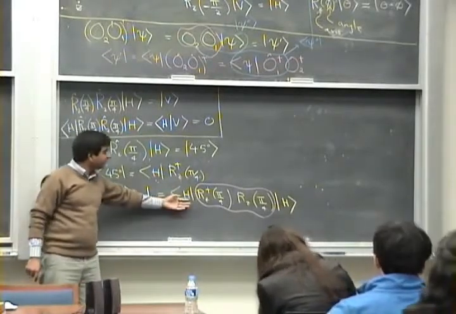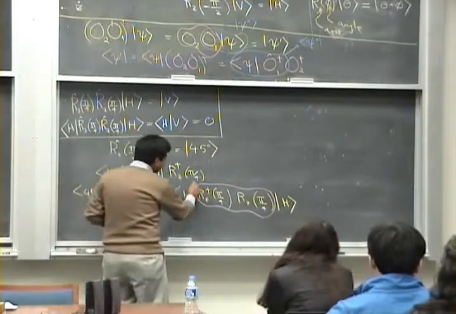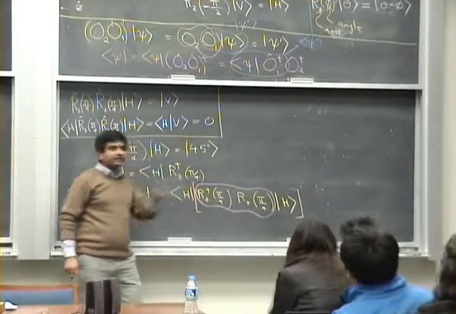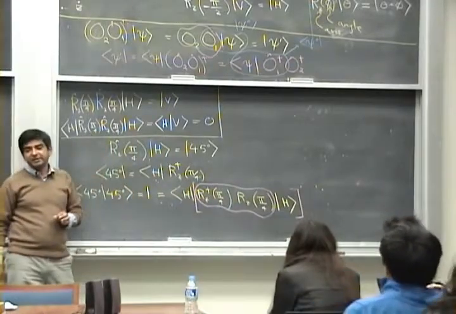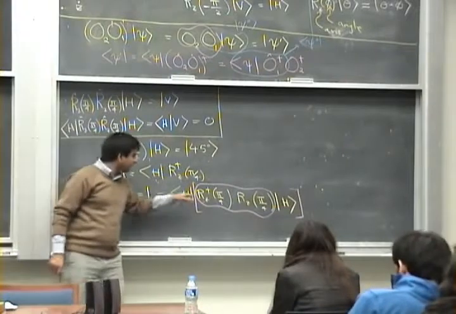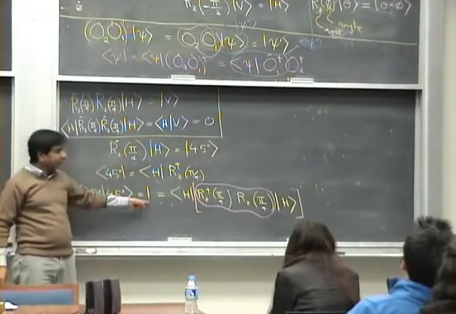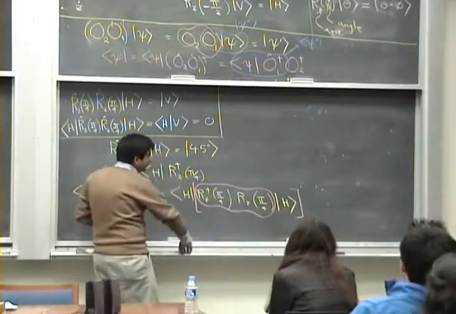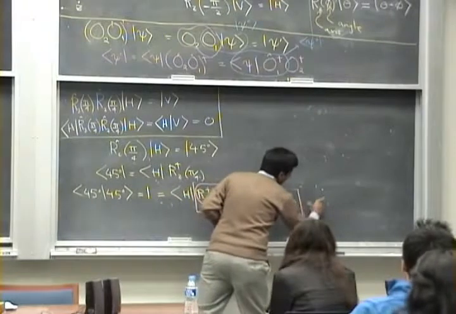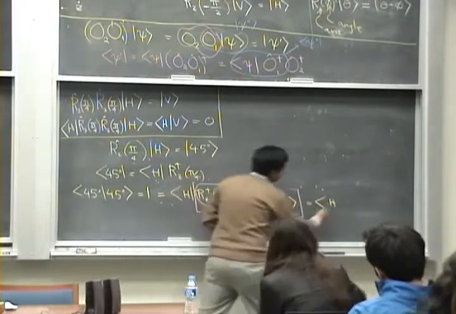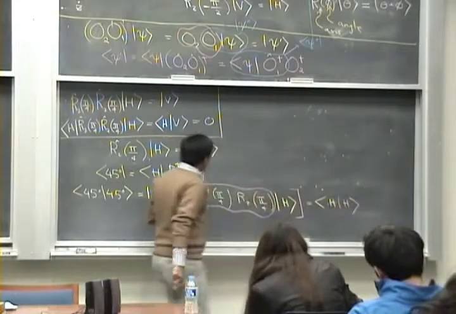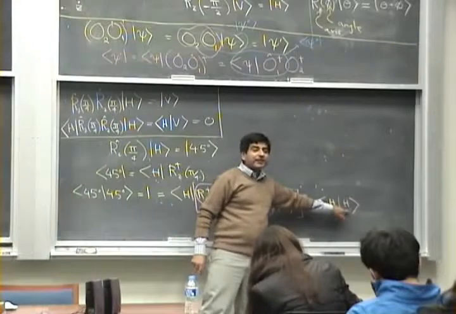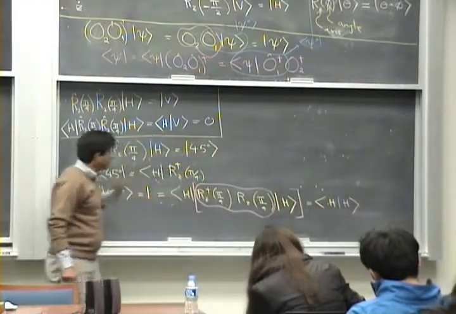Because if I leave this bra H alone, the result of all of this operation which I have written in the square brackets must equal ket H, because the inner product of H with itself is 1 and I must get 1.